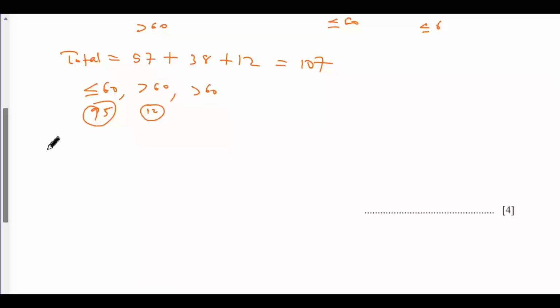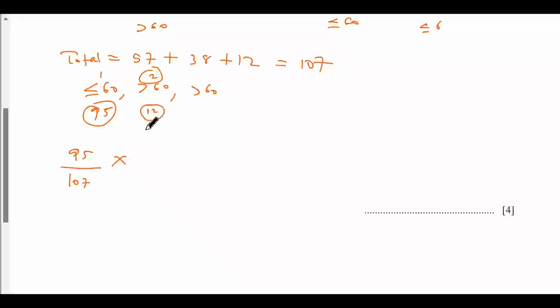For the first selection, for less than or equal to 60, we select one person there, one person here, and two persons from this. So the first person will be from here: less than or equal to 60 will be 95 people, over 107. Then times greater than 60, we have 12 persons there.